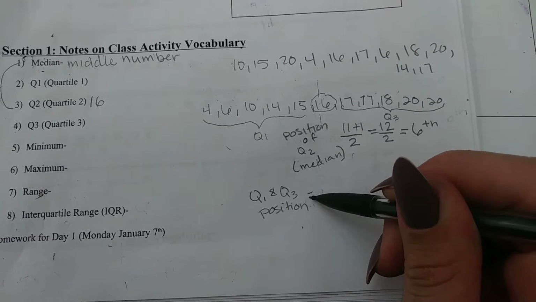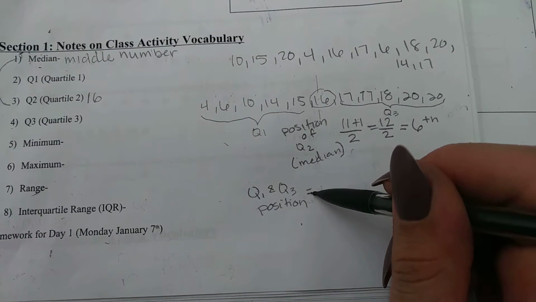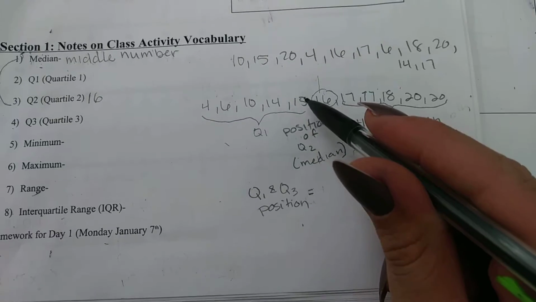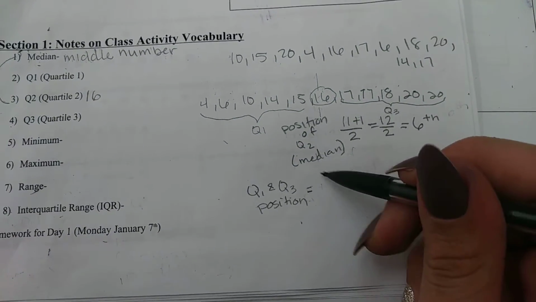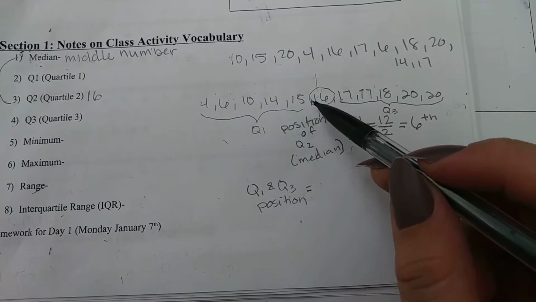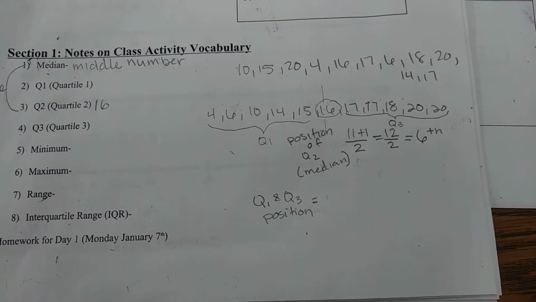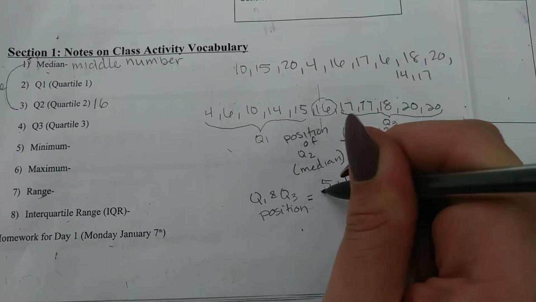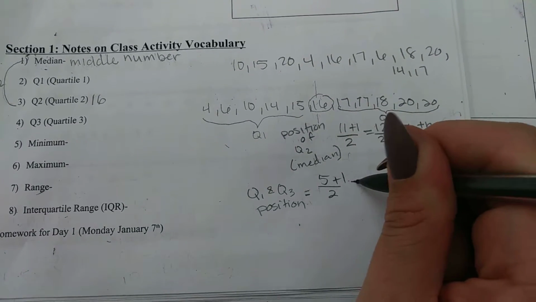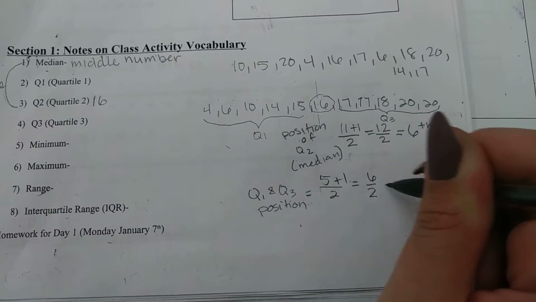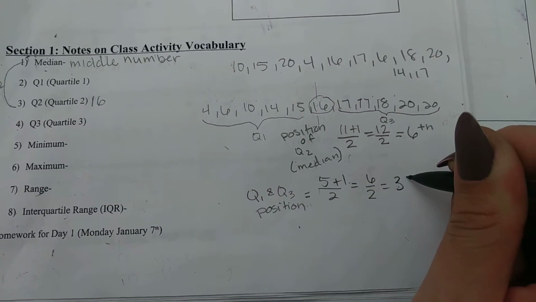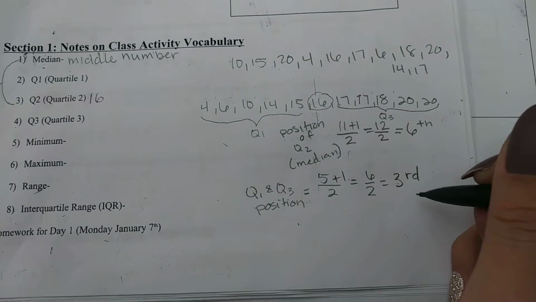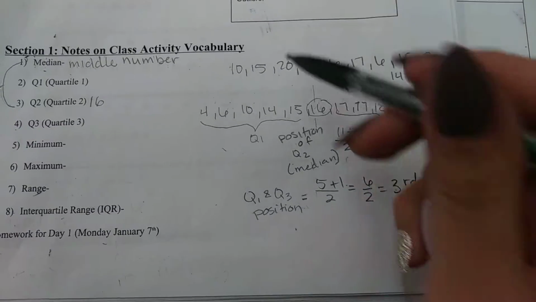Your quartile 1 and quartile 3 should be in the same position for each new set of numbers. So there's 5 numbers on this side, 5 numbers on the other. So I'm going to say 5 plus 1 divided by 2 will give me 6 over 2, which gives me 3. So I know it will be the 3rd number in each set.